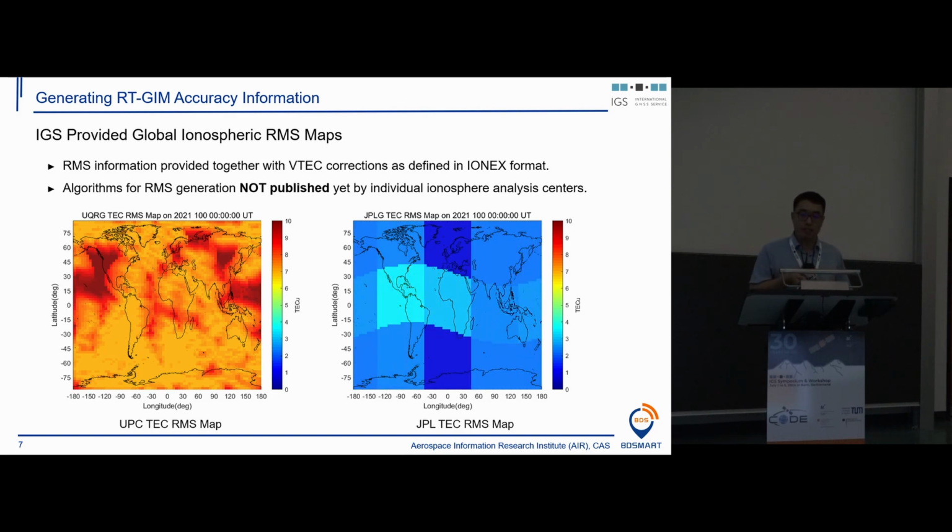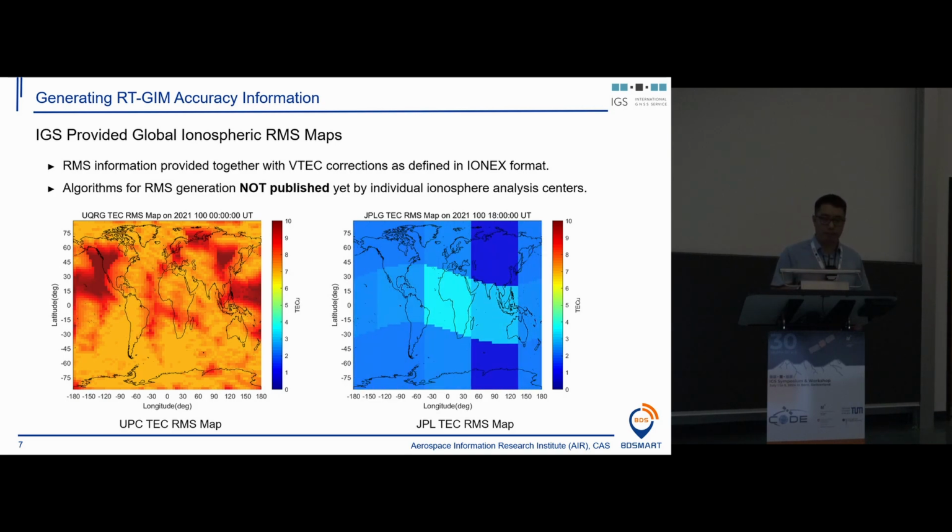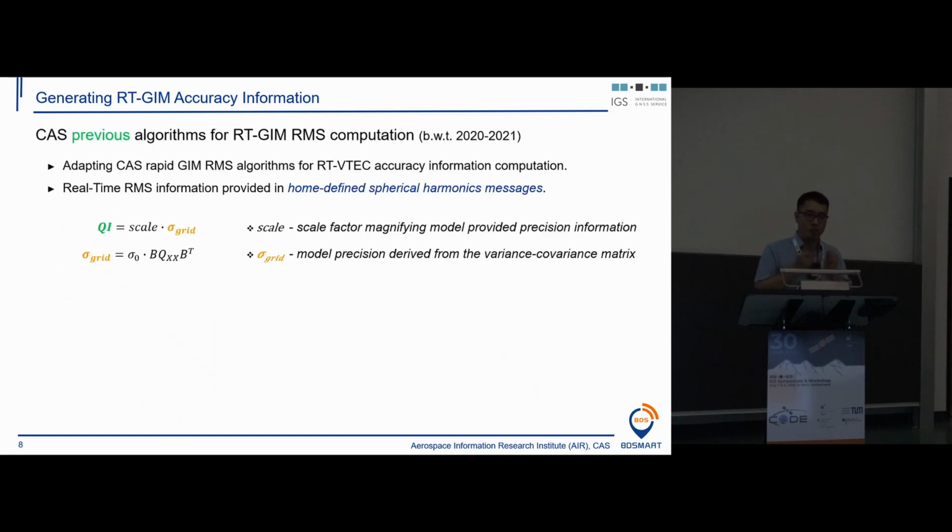And we can see in the figures that the accuracy information from different ionospheric analysis centers differs from each other.